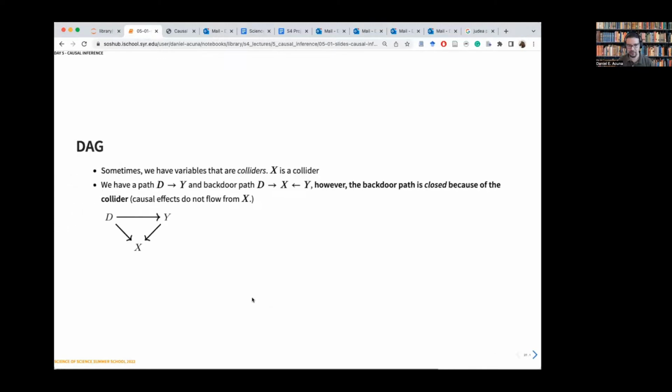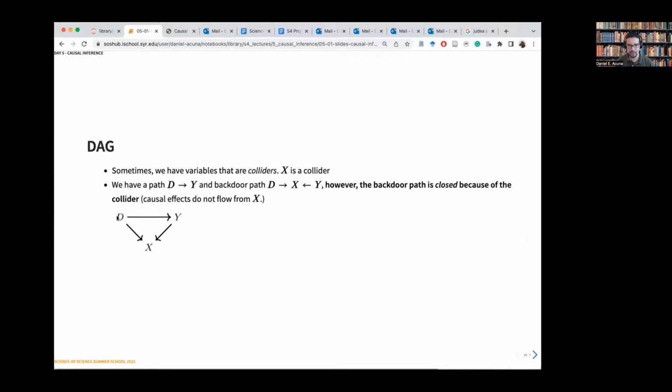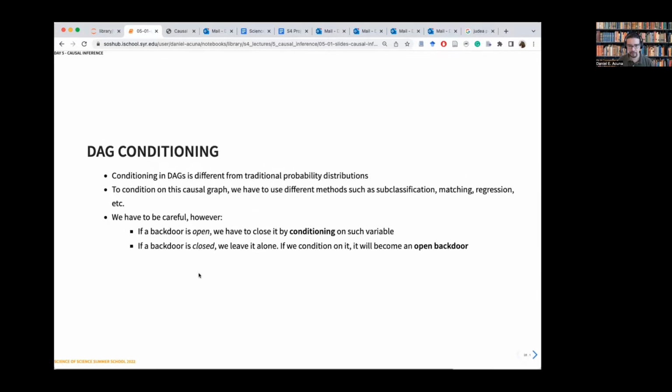So if I say, okay, I'm going to compute the effect on Y, and I will condition on X, that will be a problem, because it will open the door for having an influence between X and Y and X and D. It's a little subtle to see sometimes, and I guess if I have time, I'll go through an example.